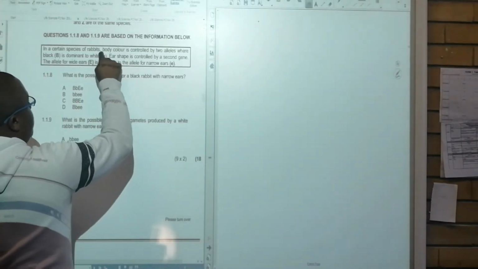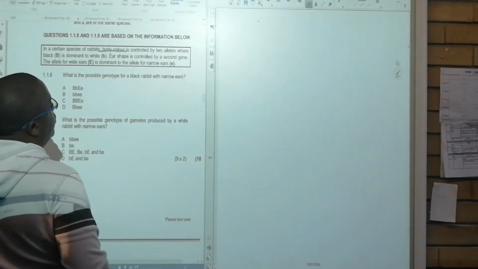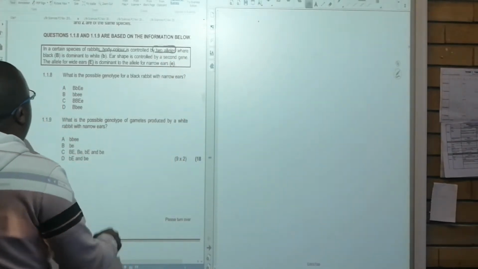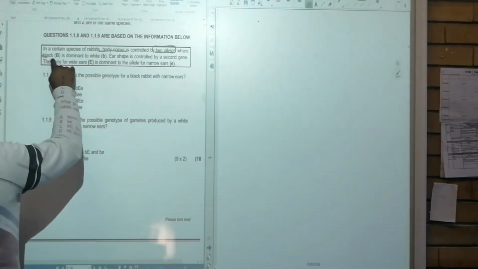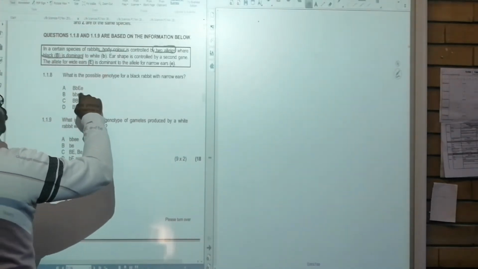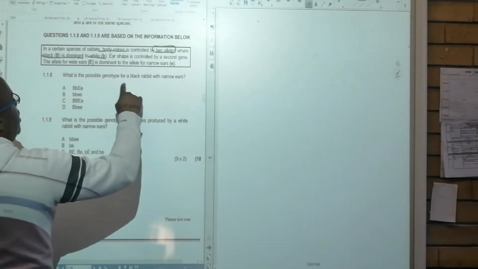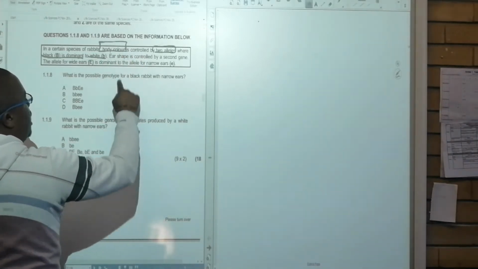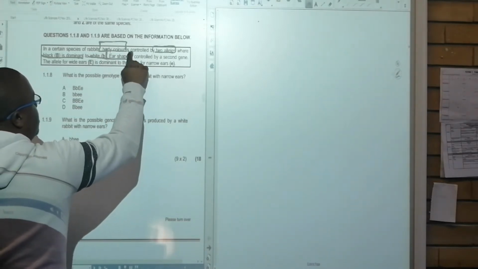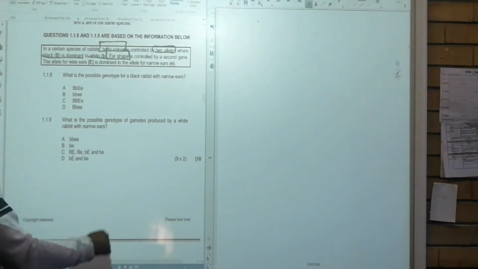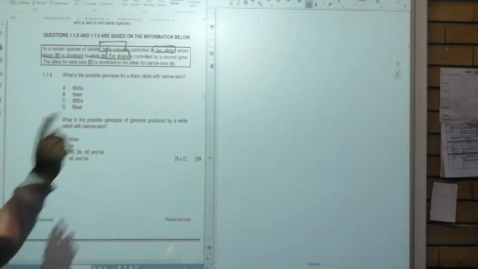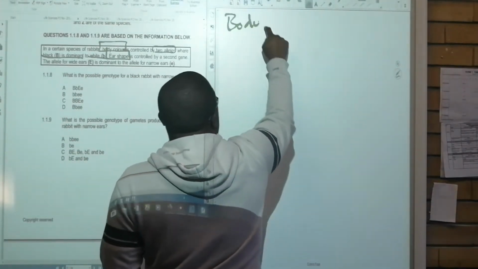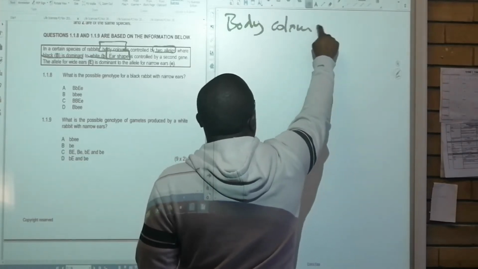So body color characteristic is controlled by two alleles, where black is dominant to what? To white. And then there is also what? So there is one characteristic here, body color. There is another characteristic here, ear shape. You need to break down the question.